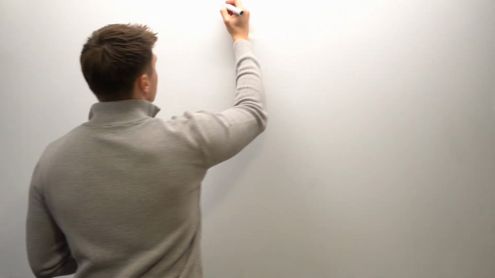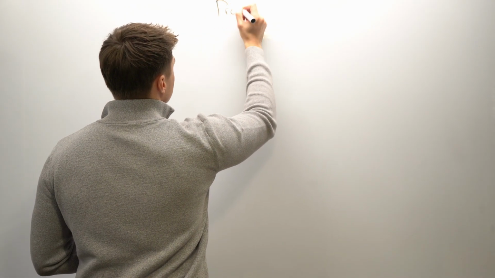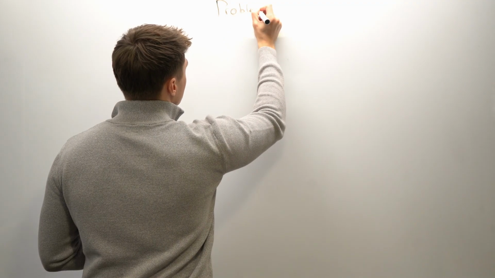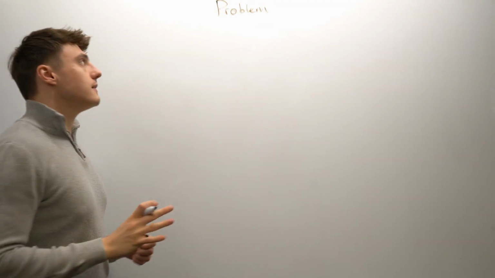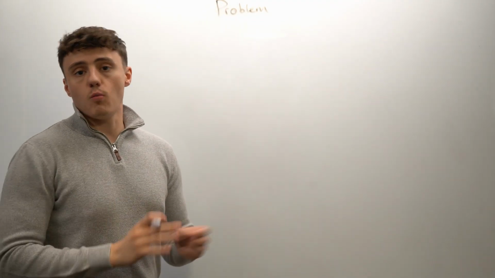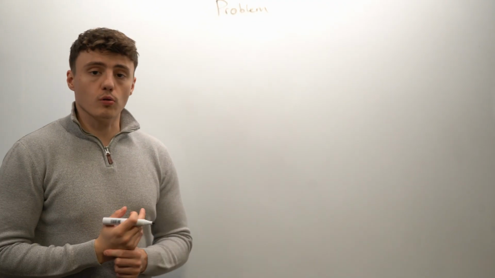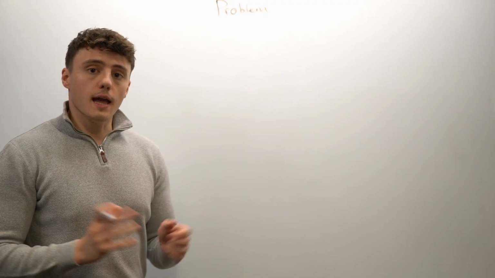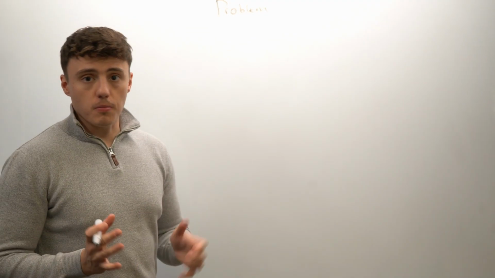So the core components of any good app or piece of software start with the problem that you're trying to solve. So we'll put problem. This is the core fundamental that you'll be working backwards from to figure out what your solution, i.e. your app or your software, needs to actually do in order to fix that problem or address that problem for your ideal customer.